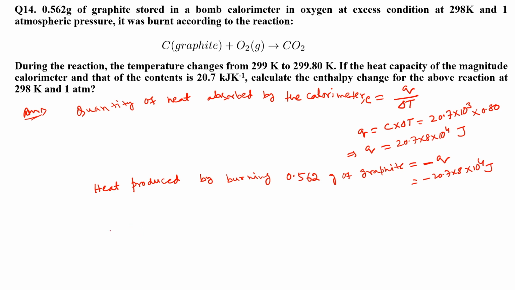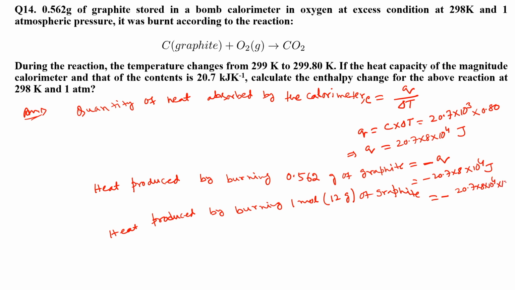So, in the reaction 1 mole of graphite is taking place. So, heat produced by burning 1 mole of graphite, meaning 12 gram of graphite, is minus 20.7 times 8 times 10 to the 4 times 12 by 0.562.